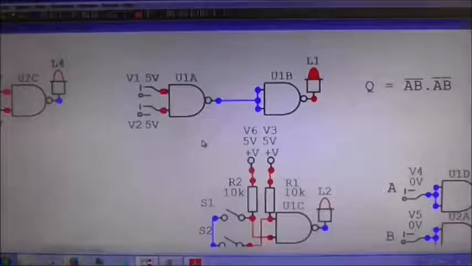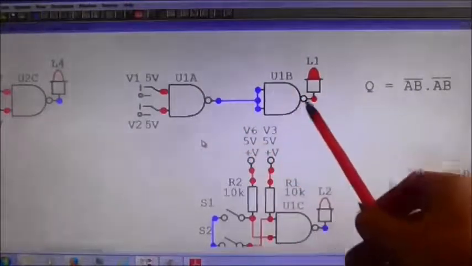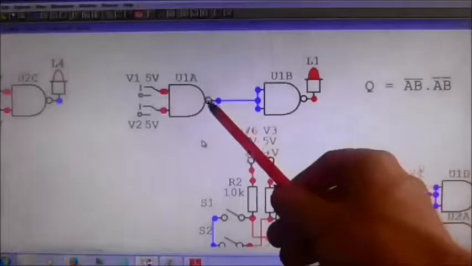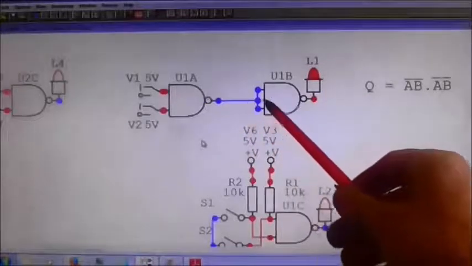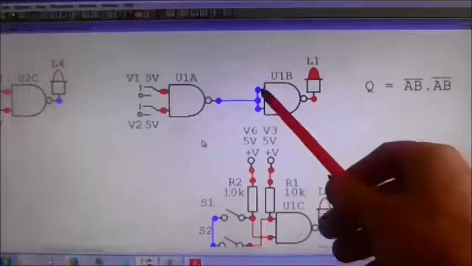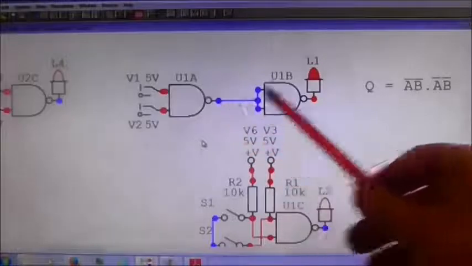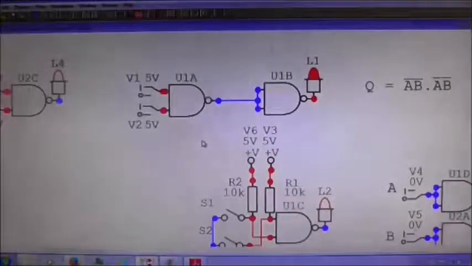The way we do it is we take another NAND gate and we take the output from the first and make the inputs on the second both exactly the same as the output of the first. And by doing that, we invert what we've inverted. And here's a Boolean equation for it. Q equals bar AB times bar AB.